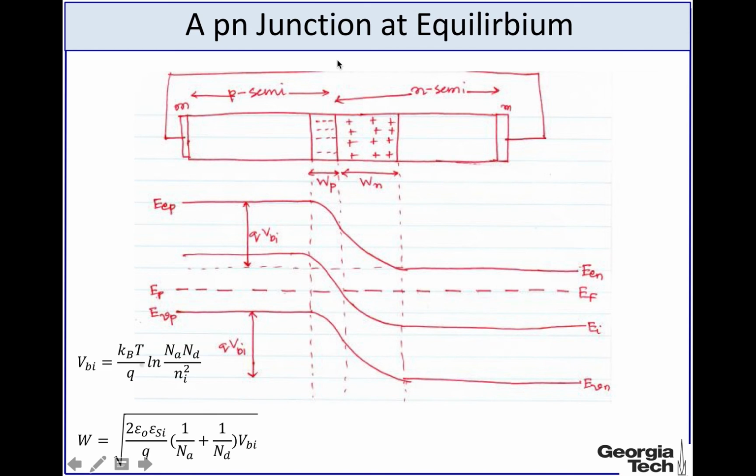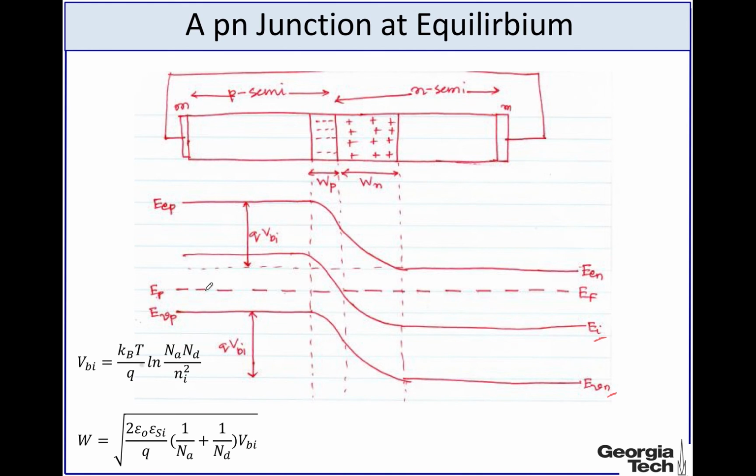Okay. So again, the same figures are drawn here, just so you get a better understanding of what's going on. And here EI is the intrinsic Fermi level, which we did not draw in the previous curves, but this is almost the midpoint between the conduction band and the valence band for the p side and the n side.